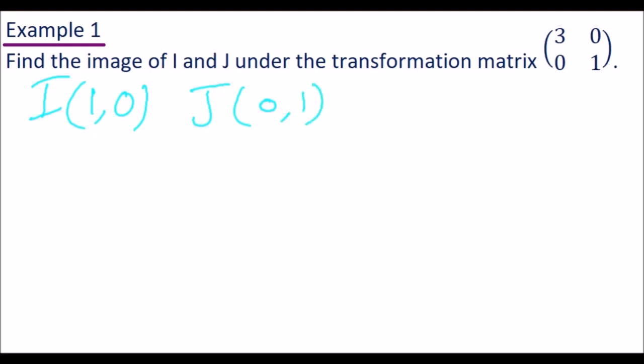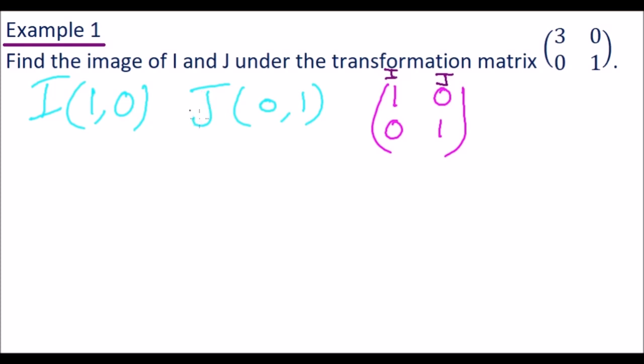From there, we can form the matrix of I and J. So we have (1, 0) and (0, 1). So this is I, and this is our J.